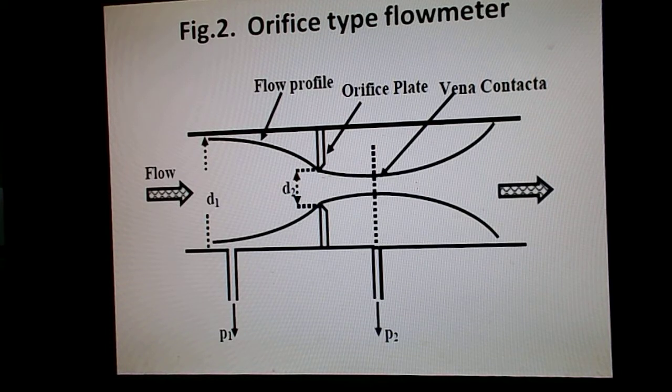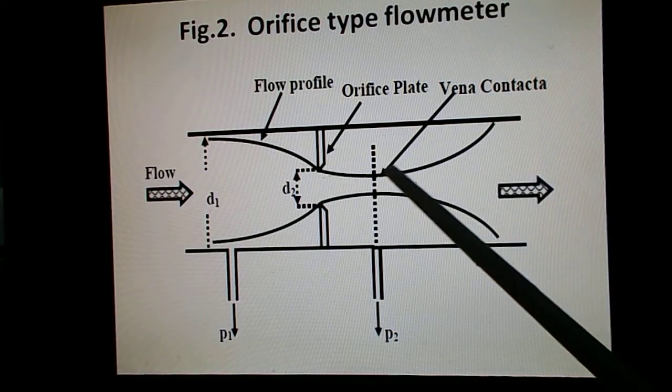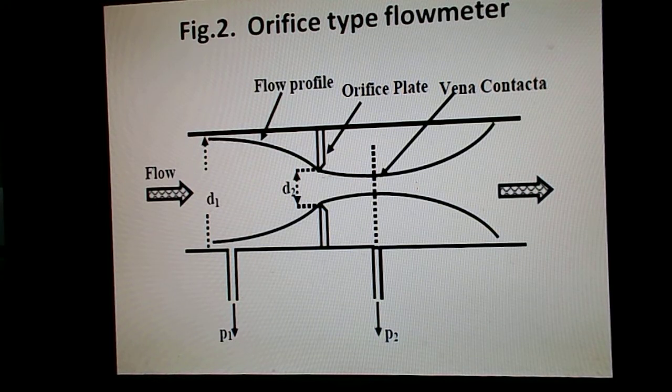But there is another reason for the discharge coefficient. In fact, two reasons are there for the discharge coefficient. One is the viscosity and the other is the area of vena contracta. Here we can see that this P2 is being measured at vena contracta, so that we get a larger value of P2.